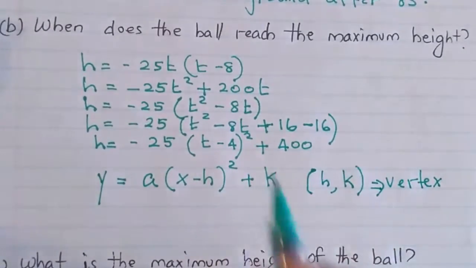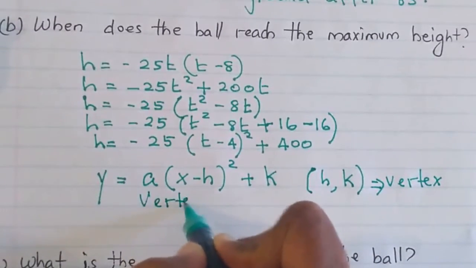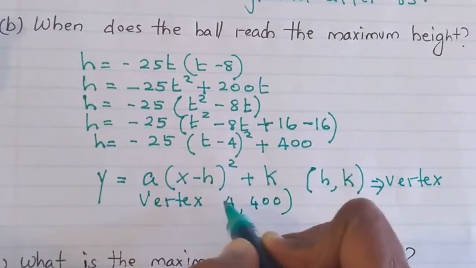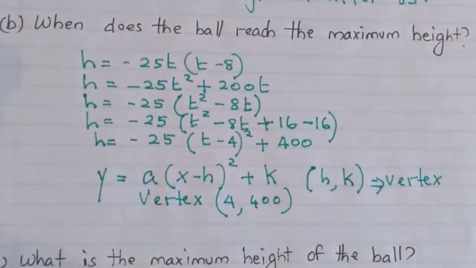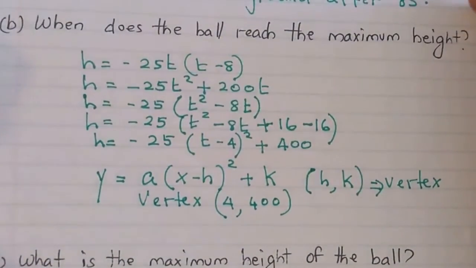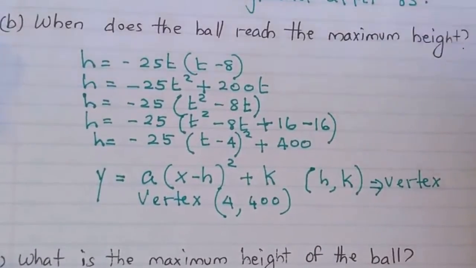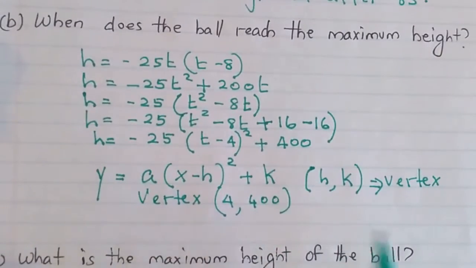So in here, my vertex would be (4, 400). For the question, when does the ball reach the maximum height, the vertex is the point at which the ball reaches the maximum height, where it turns. So the time it takes for it to reach the maximum height is 4 seconds.